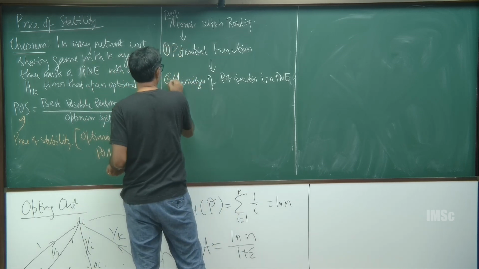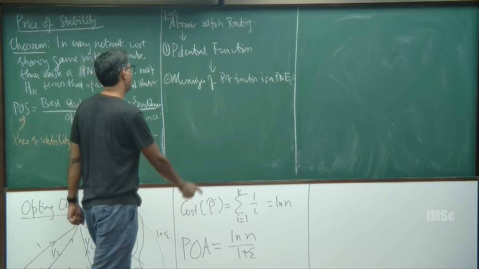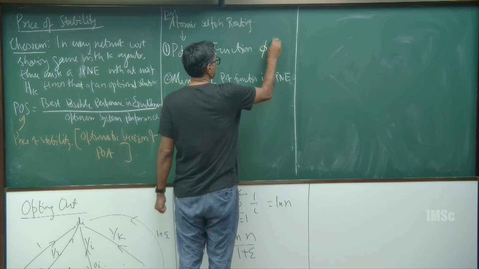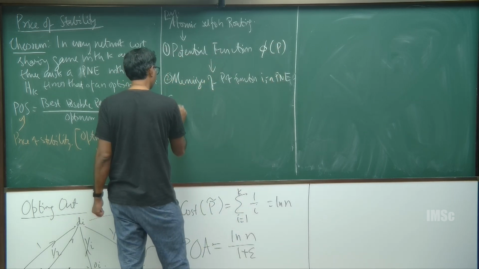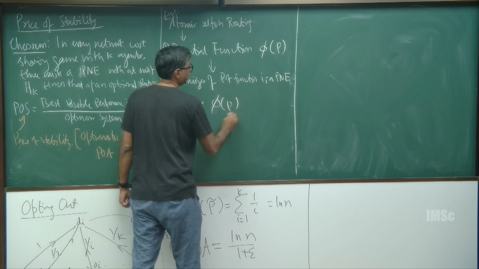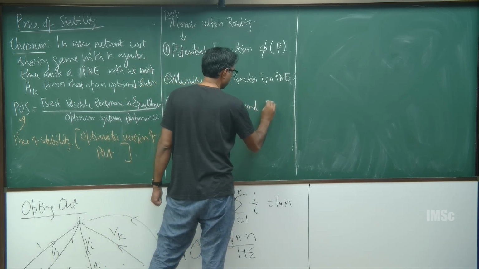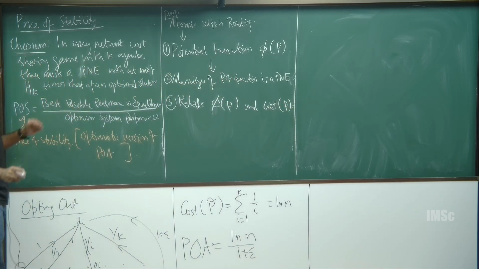Then you prove that the minimizer of the potential function is a pure Nash equilibrium, and let us say this is some phi of p. Then the third step is to relate phi of p and cost of p, and then you get the equivalence.